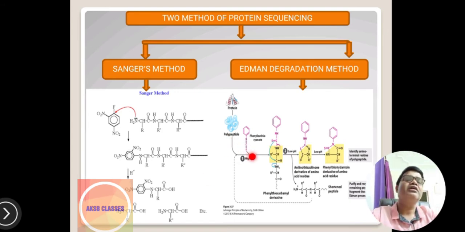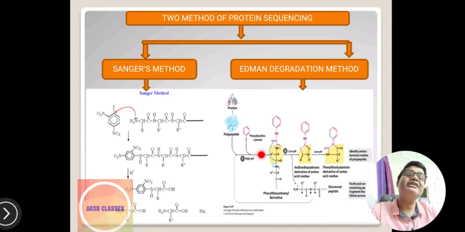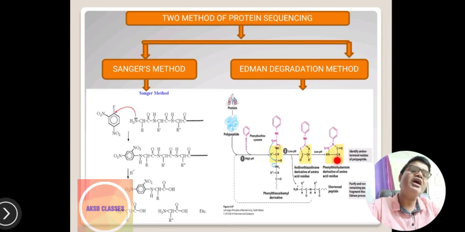Second is the Edman degradation method. In this case there is another reagent, that is phenyl isothiocyanate. This reagent will react with the amino terminal end of the polypeptide chain, and one by one it will separate the amino acids from the amino terminal end. We are able to know which particular amino acid is separated, in the same way as Sanger's method. But the reagent is different, that is phenyl isothiocyanate.